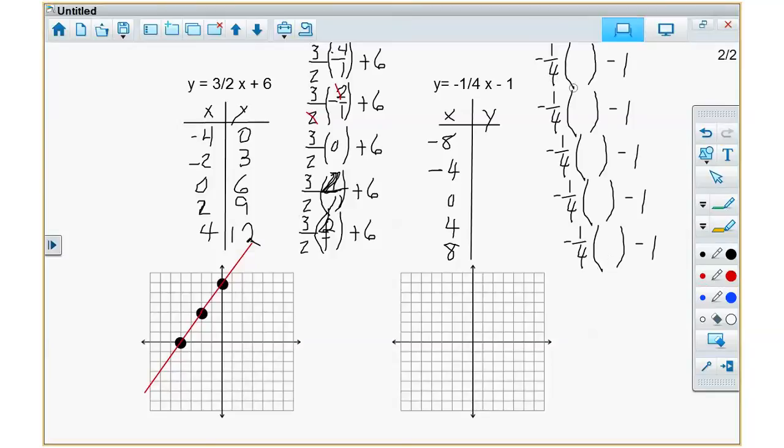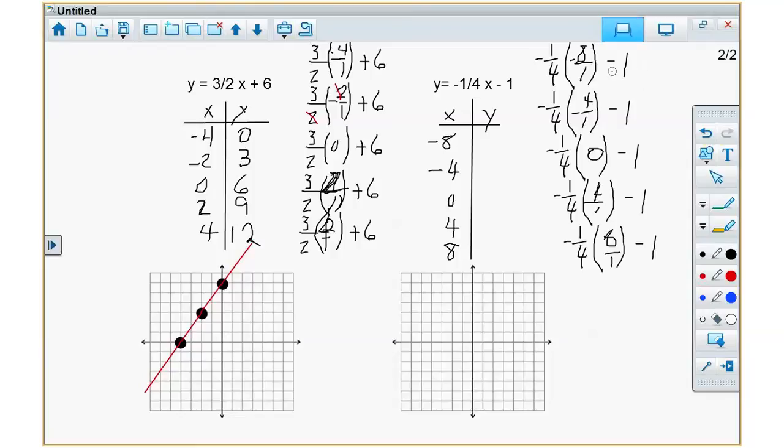Okay, over here, -8/1, -4/1, 0, 4/1, and 8/1. And what is -8 divided by -4? +2.